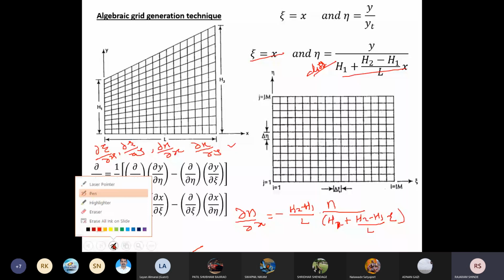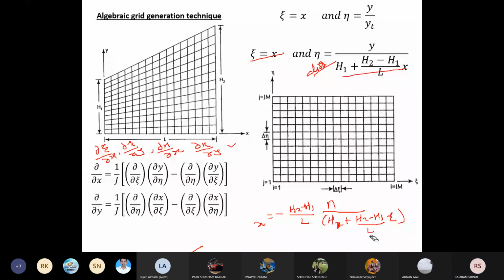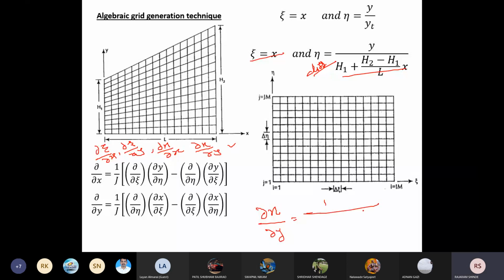Now for calculation of this, I will use the same equation again, with respect to y. When we differentiate this equation directly with respect to y, we get ∂η/∂y equal to 1 divided by (h1 plus (h2 minus h1)/L times x).